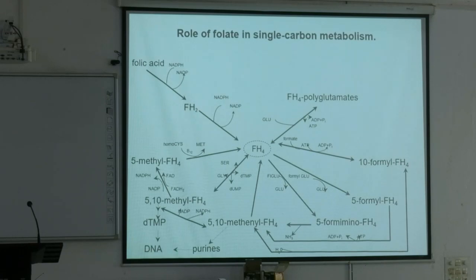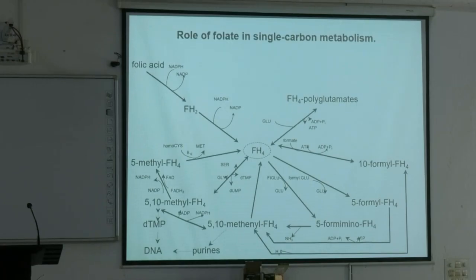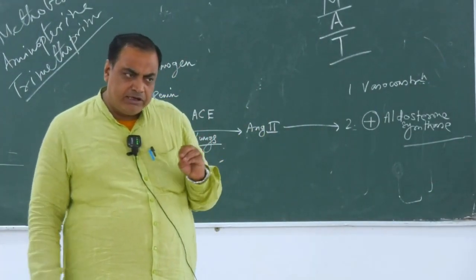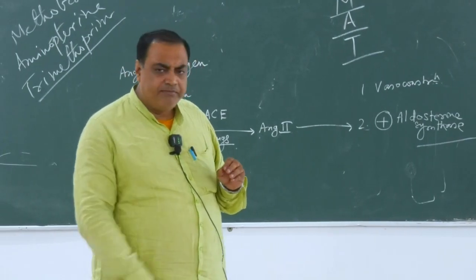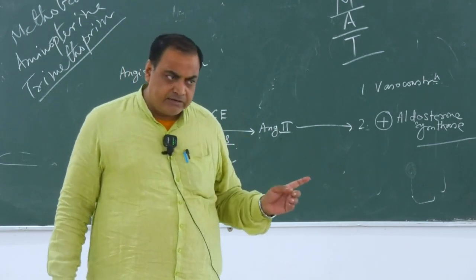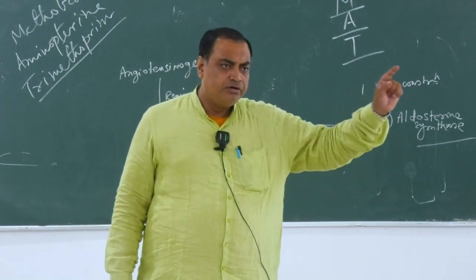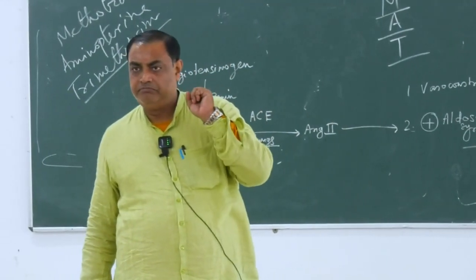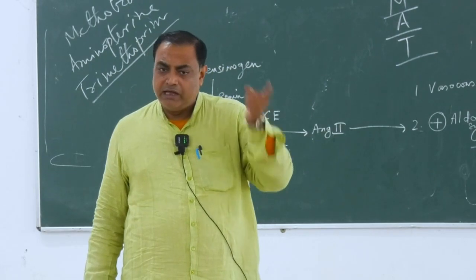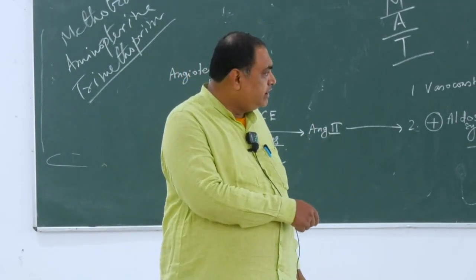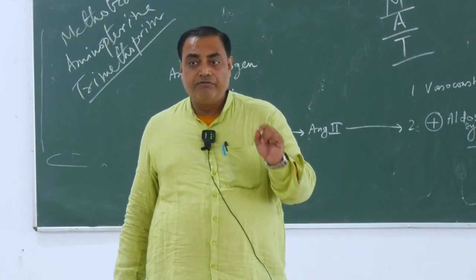All the folic acid in the body gets accumulated in the form of N5 methyl tetrahydrofolic acid. The conversion of N5 methyl tetrahydrofolic acid to tetrahydrofolic acid requires vitamin B12. That is why in absence of vitamin B12, folic acid is trapped only in this form. Hence, it is called folate trap.